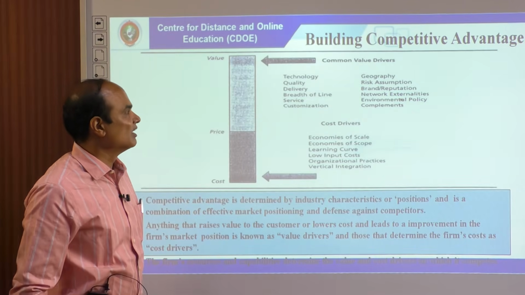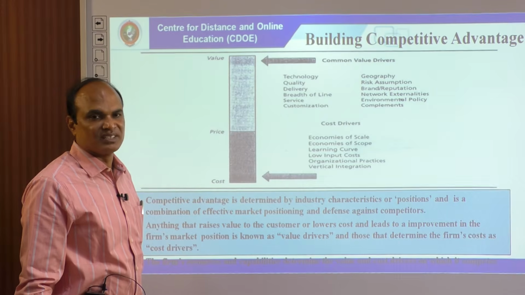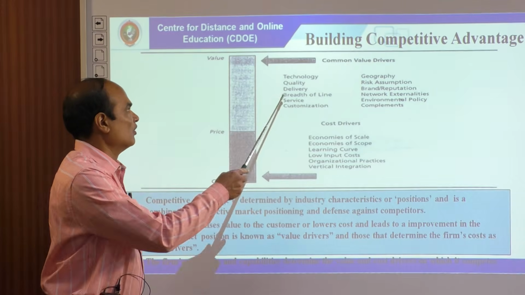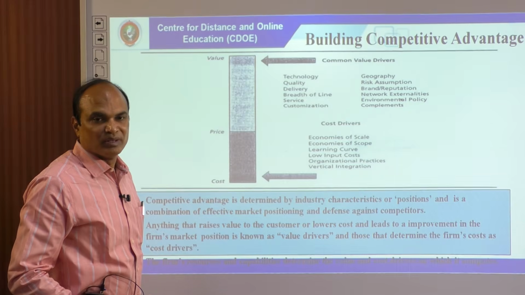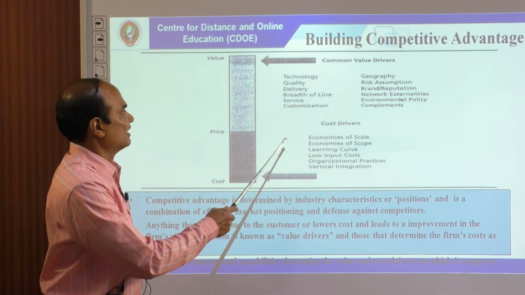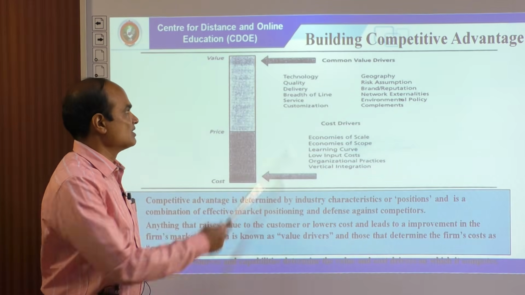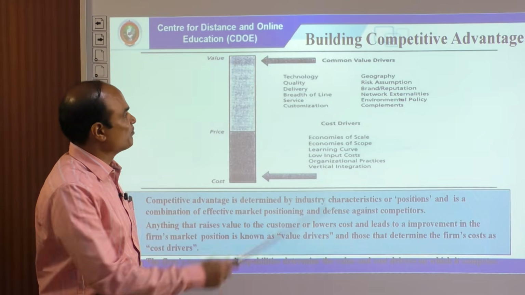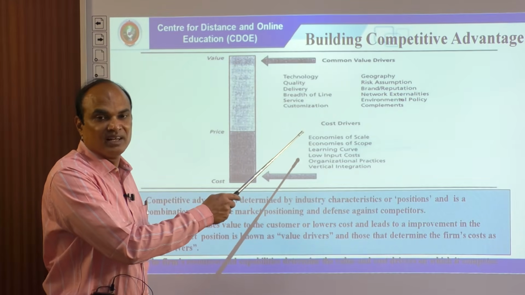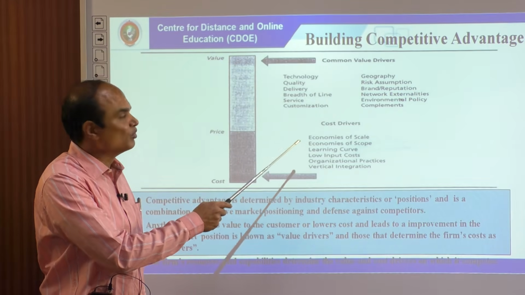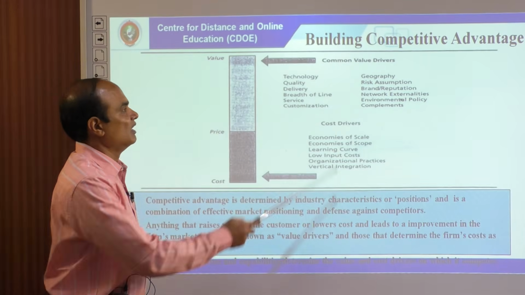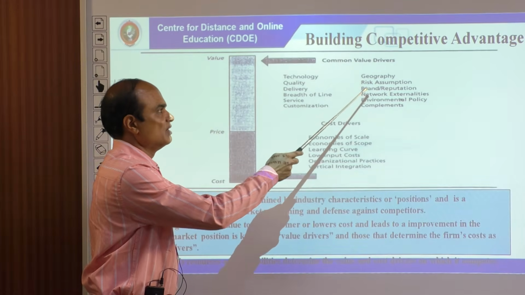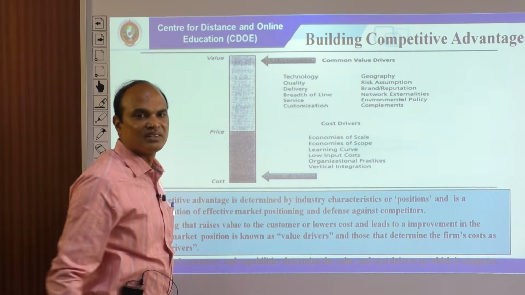What are its quality products and services, and what is the delivery of its products and services? Then breadth of line, the service, then is there any possibility of customization that a company can do in providing the particular services, then the geographical area which it is trying to address.